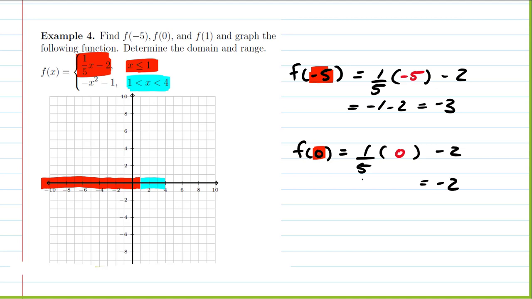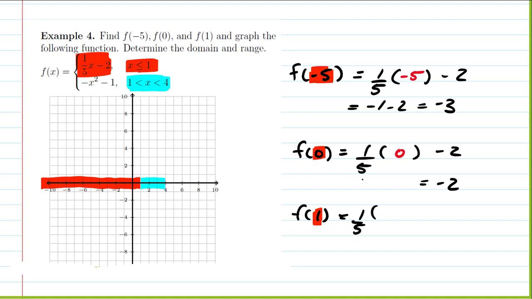And lastly, we want to try f of 1. Once again, we check our domain. Is 1 less than or equal to 1, or is 1 in between 1 and 4? So it's still not in the blue domain. So in this example, we only used the red rule because 1 is less than or equal to 1.